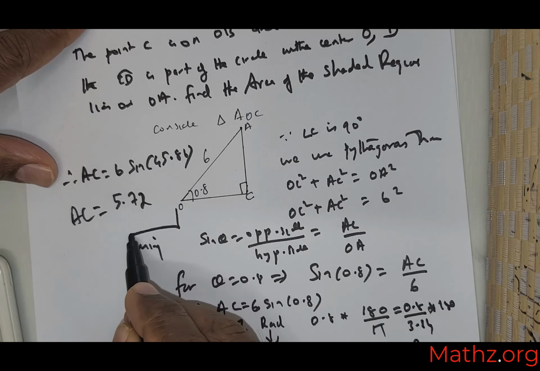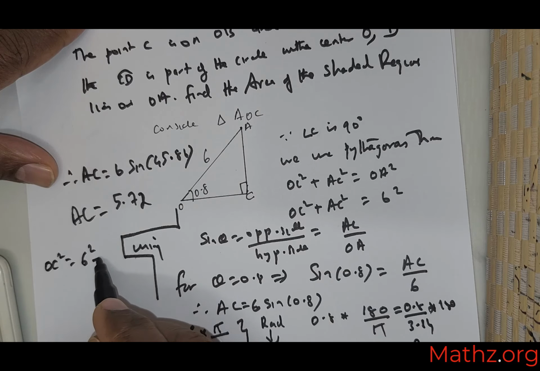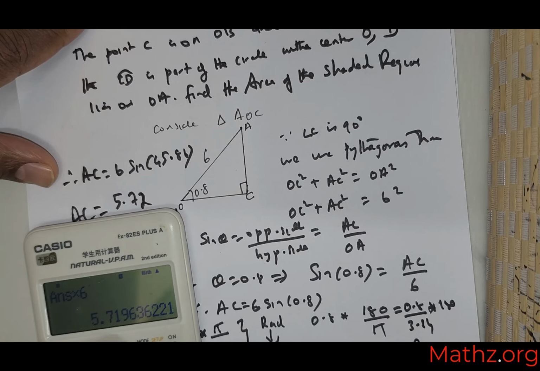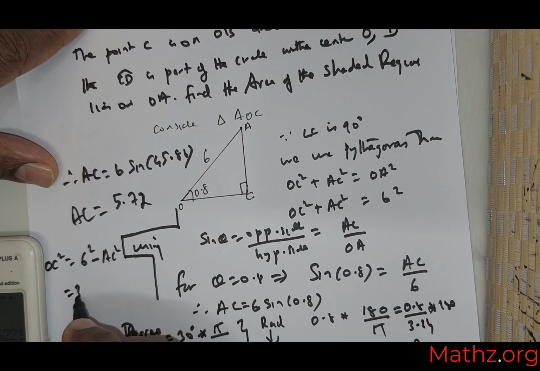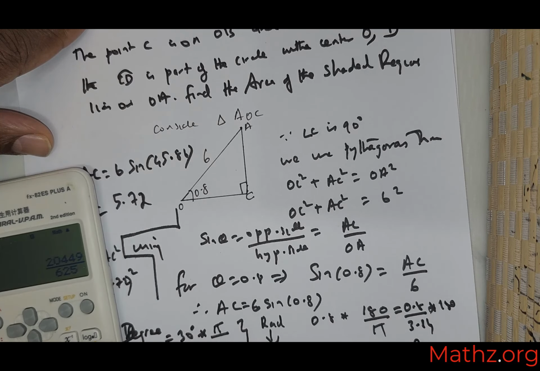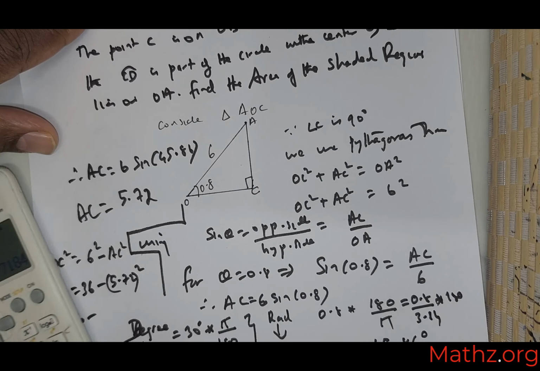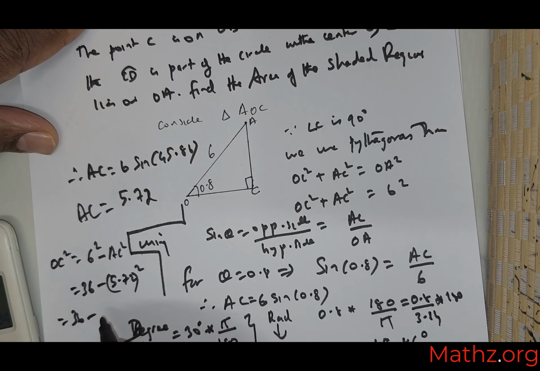So let me use this part of the space. OC squared is now 6 squared minus AC squared. So 6 squared is 36, minus 5.72 squared. Let me calculate 5.72 squared. That is 32.72.